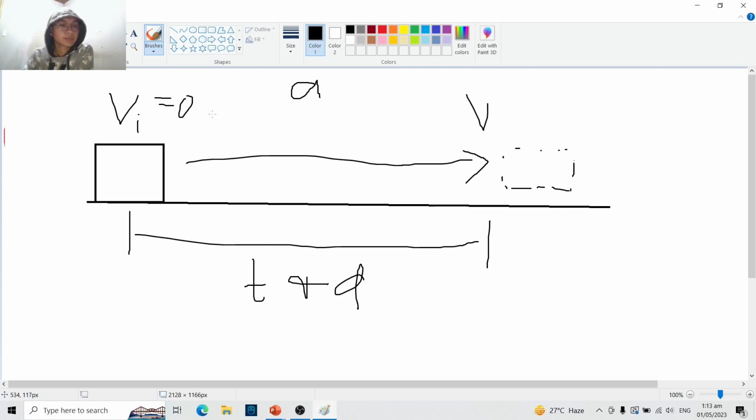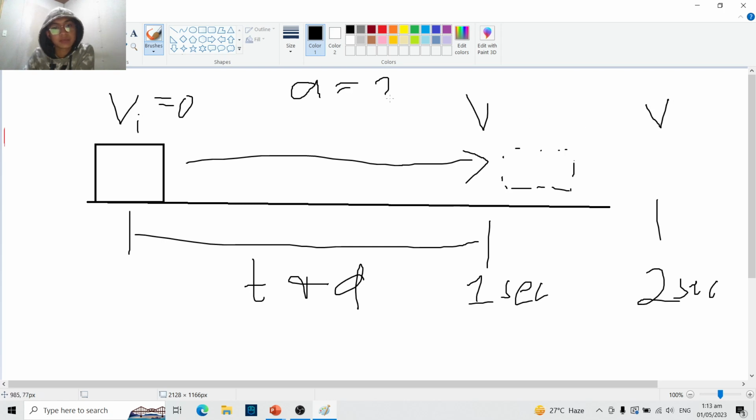If the acceleration is uniform, after 1 second, then 2 seconds, it gains another velocity, depending on the amount of your acceleration.